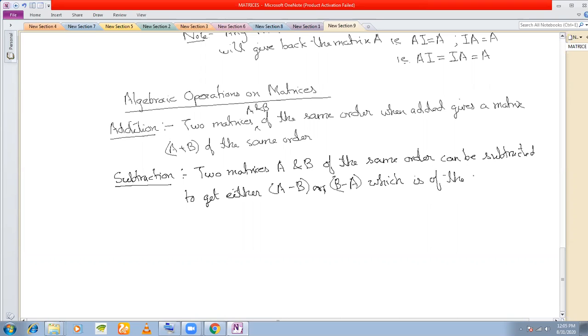So whether you're calculating A minus B or A plus B, the order of the matrix will remain the same. They can only be added or subtracted if the order of the matrices is the same. Okay, let me take two examples to illustrate. This time we'll take a 3 by 3 matrix.